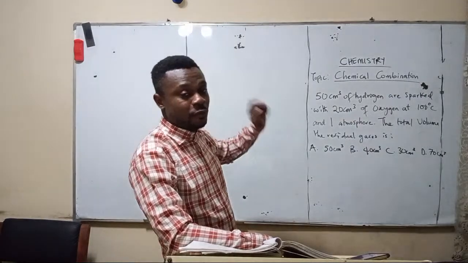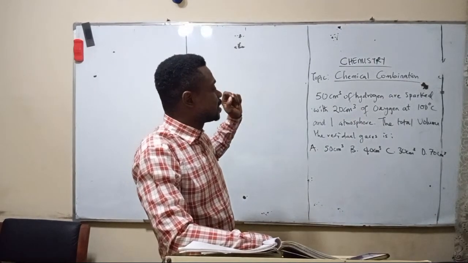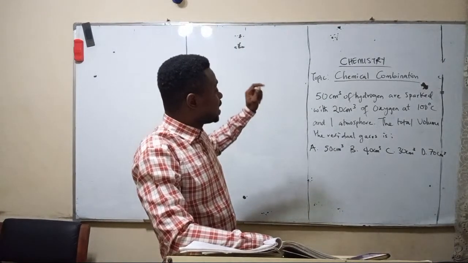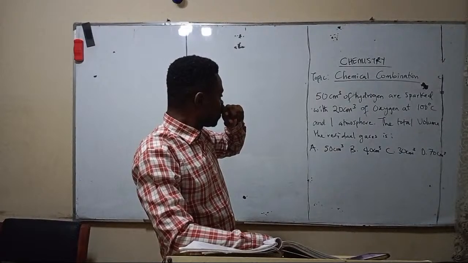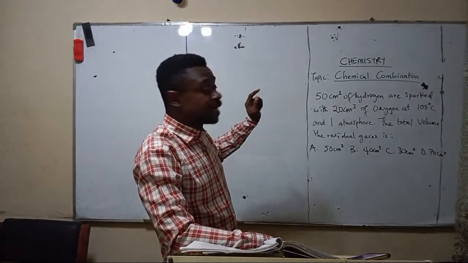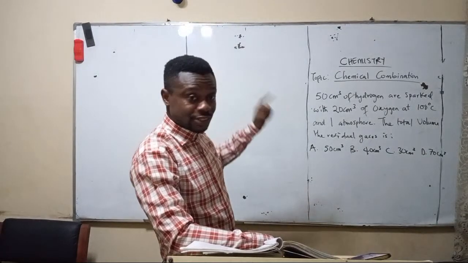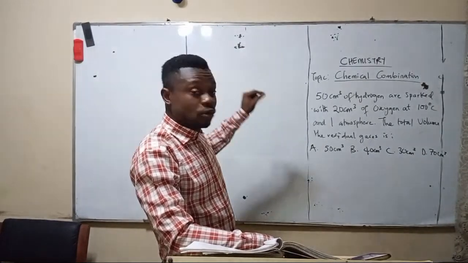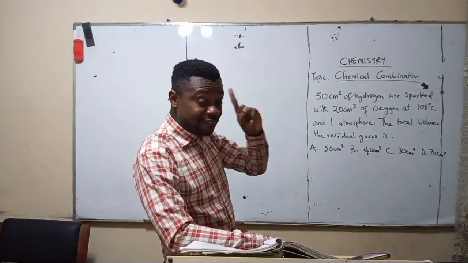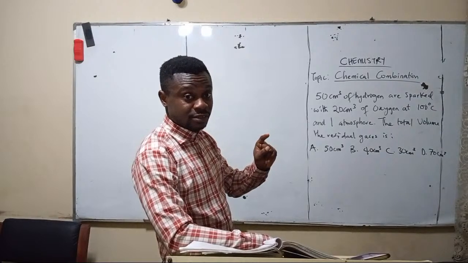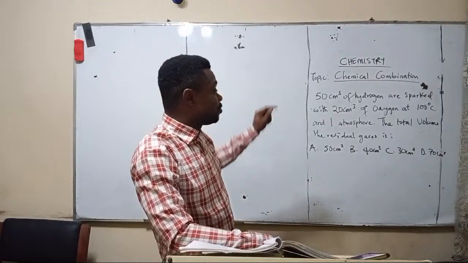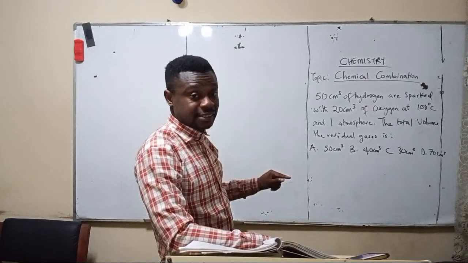Gay-Lussac's law of combining volume states that when gases combine, they do so in volumes which are simple ratios to one another and to the products if the product is gaseous, provided that temperature and pressure remains constant.